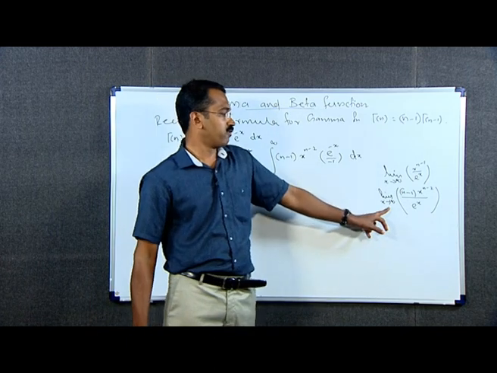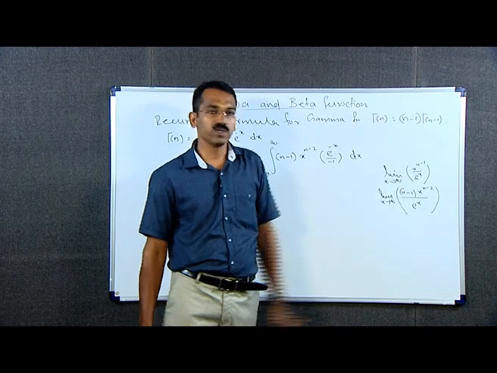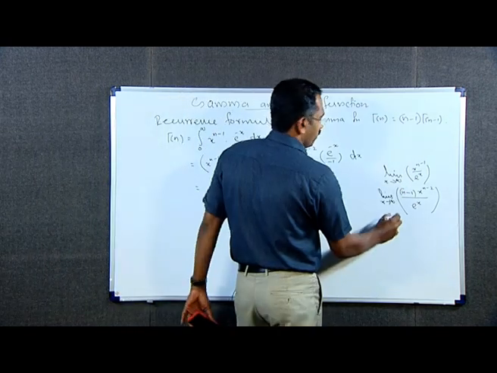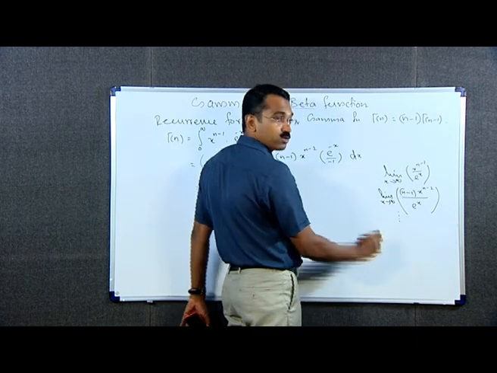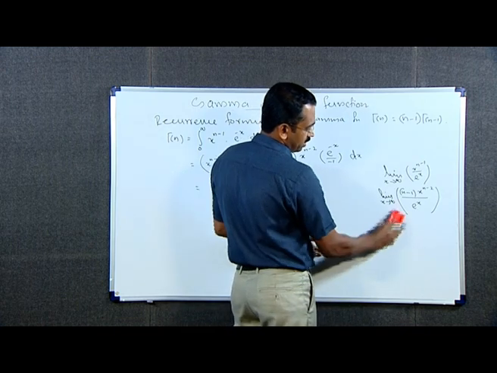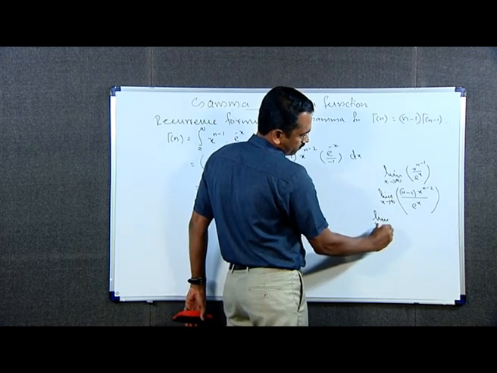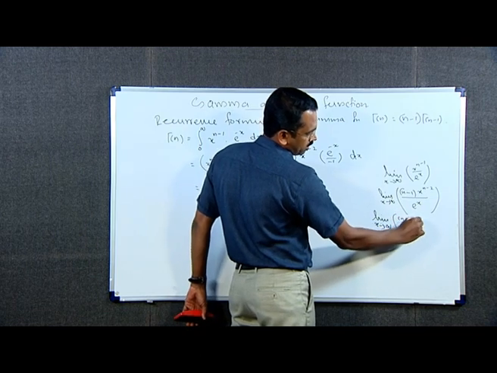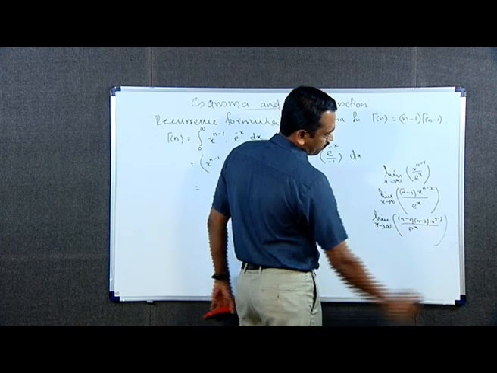Again, this is of infinity by infinity form. If we use L'Hospital rule once again, the derivative is n minus 1, n minus 2, x raised to n minus 3 divided by e raised to x.